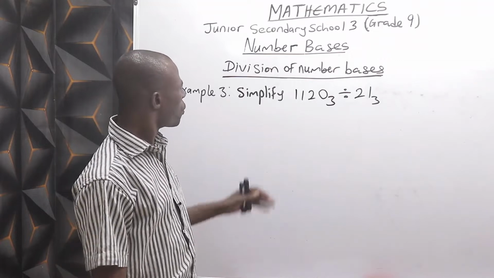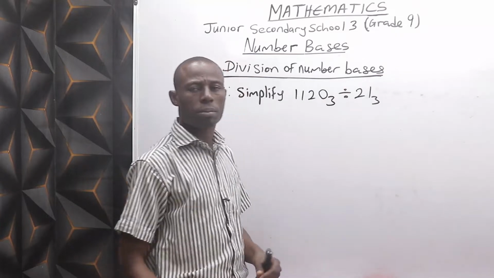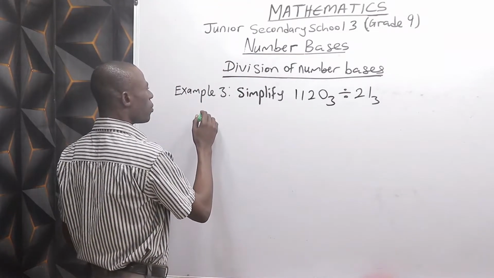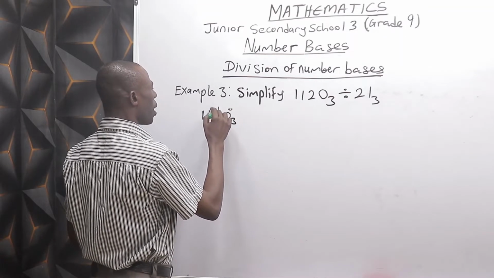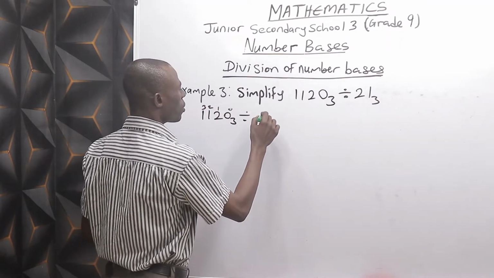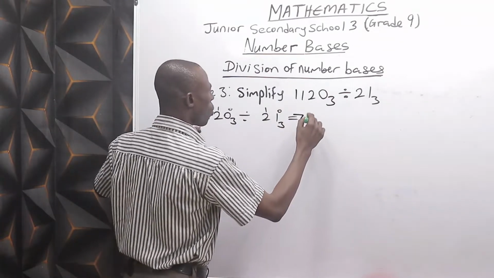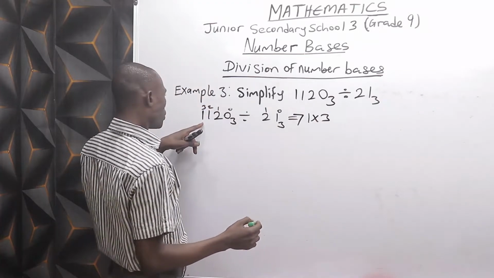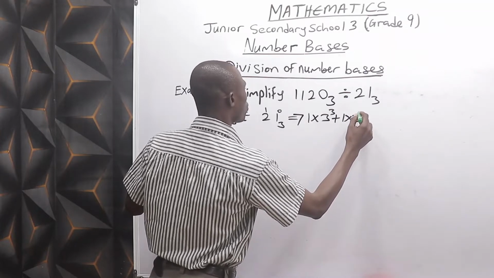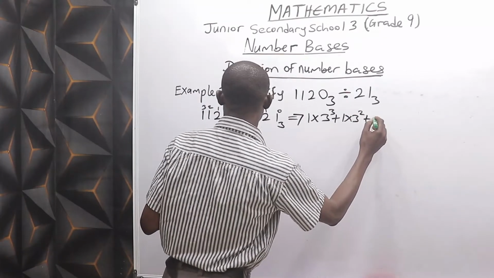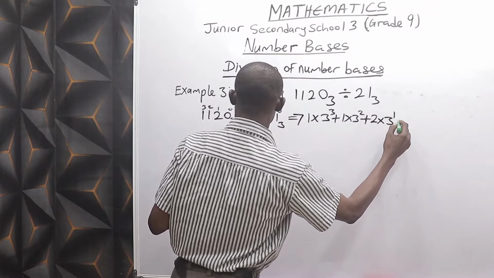Example 3. Simplify 1120 base 3 divided by 21 base 3. We have 1120 base 3, 0, 1, 2, 3, divided by 21 base 3, 0, 1. So this is 1 times 3 raised to power 3 plus 1 times 3 raised to power 2 plus 2 times 3 raised to power 1.